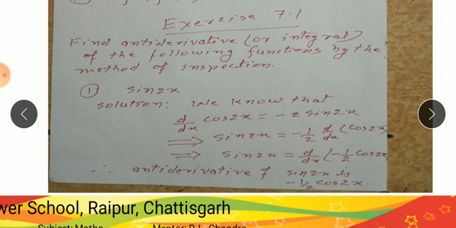Transposing minus 2 from the right hand side to the left hand side, this can be written as sin 2x is equal to minus 1 upon 2 d dx of cos 2x. Here sin 2x is equal to d dx of minus 1 upon 2 cos 2x. Means we can say that the antiderivative of sin 2x is equal to minus 1 upon 2 cos 2x. Or simply we can say that the integration of sin 2x is equal to minus 1 upon 2 cos 2x.